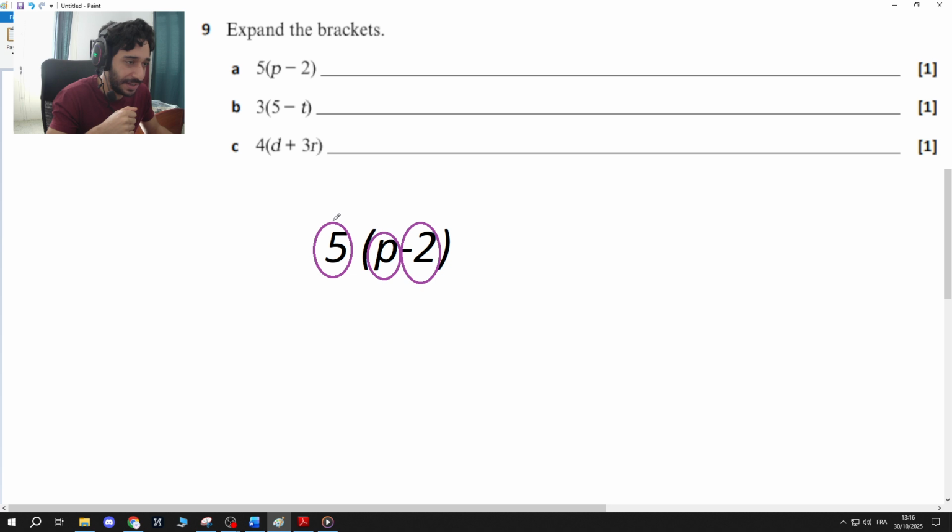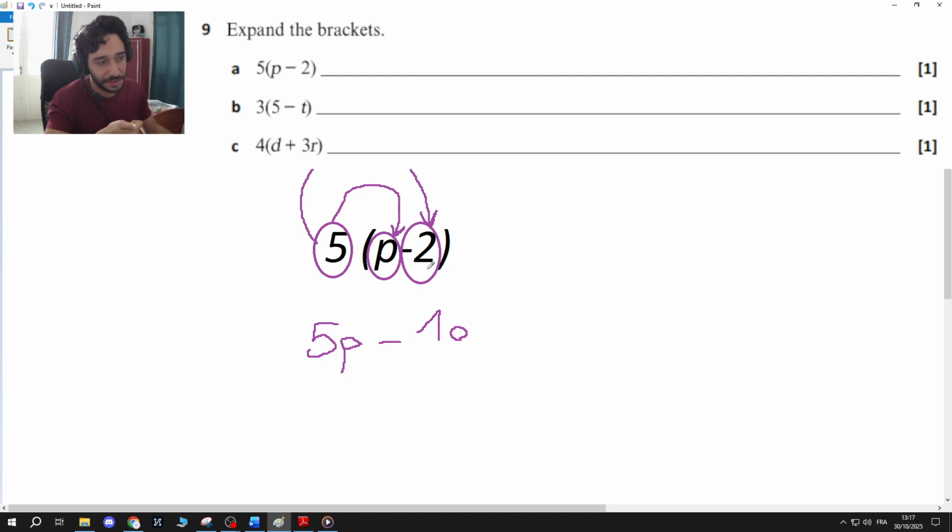I would grab what's on the outside, which is 5 in this case, and multiply it by the first term inside, which is p. 5 times p is 5p. Then 5 multiplied by -2 is -10. As you may remember, a positive integer multiplied by a negative integer would give me a negative integer. So my final answer is 5p minus 10.